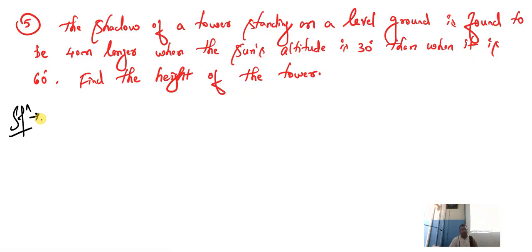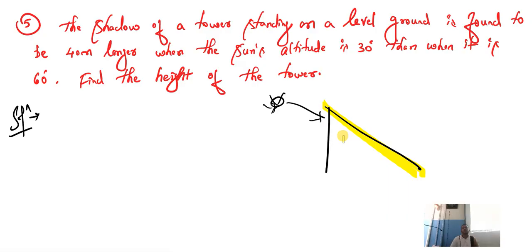Clear? Now, the question is: the shadow of a tower standing on level ground is found to be 40 meters longer when the sun's altitude is 30 degrees than when it is 60 degrees. Sir, what's the shadow of a tower? Okay, sir, one tower was there. If the sun is here and sunlight falls here, its shadow will fall here.